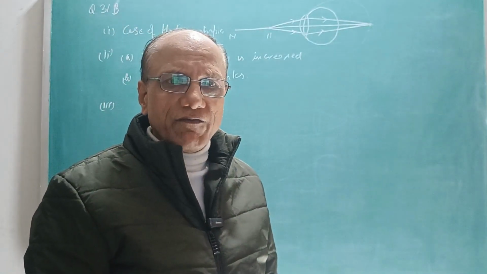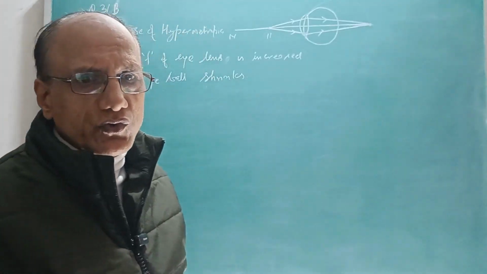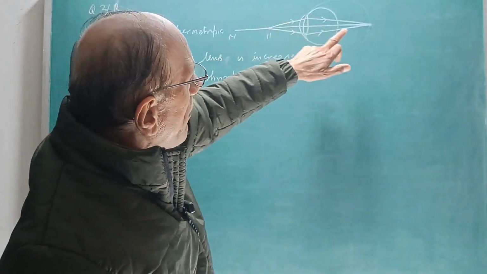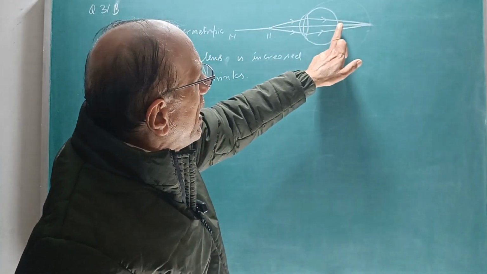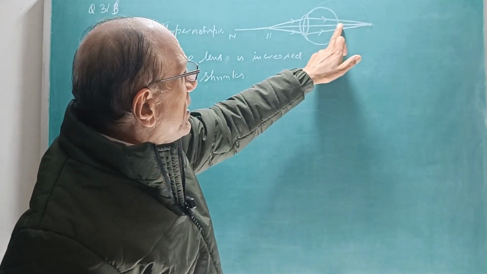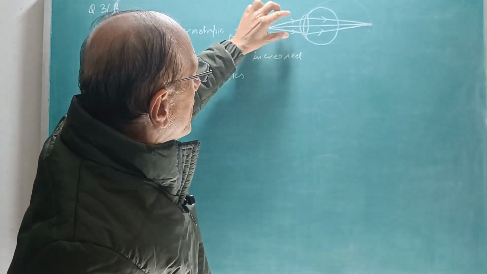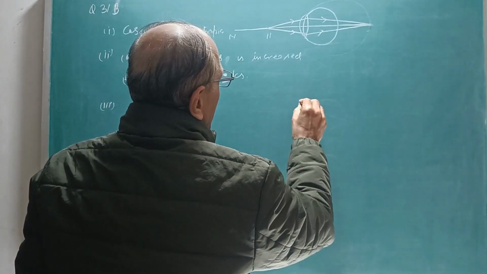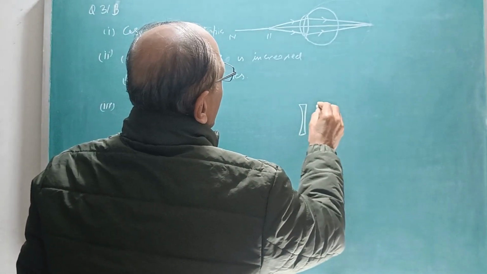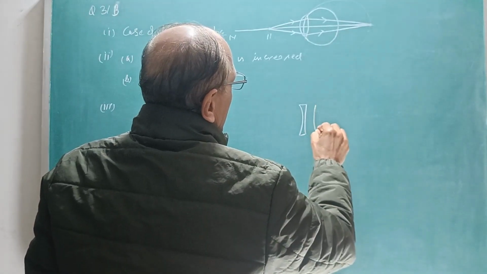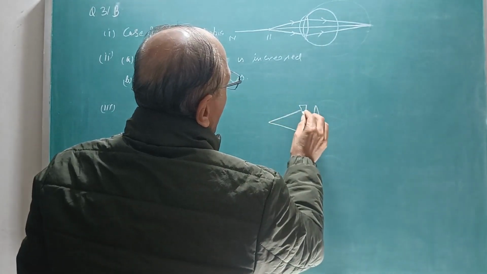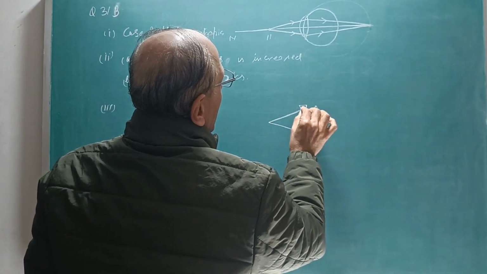And the third part is, explain with reason if a concave lens can be used to correct the defect. So here you see we have to make this image at a nearer distance. That means if you use a concave lens before the eye lens, then what will happen?